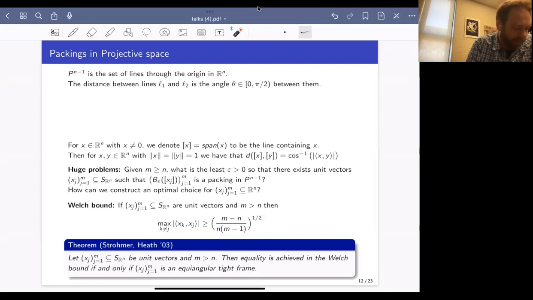And so that directly corresponds to the distance between their spans in projective space. And it's really cool that if you achieve equality in the Welch bound, that's exactly when your unit vectors form an equiangular tight frame, which are very desirable in frame theory. And so this is just one example where there's a very strong correlation between packings in projective spaces and constructing really good frames. Okay, so I went on this aside.